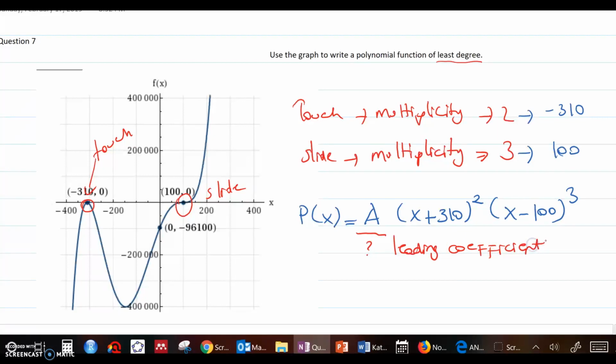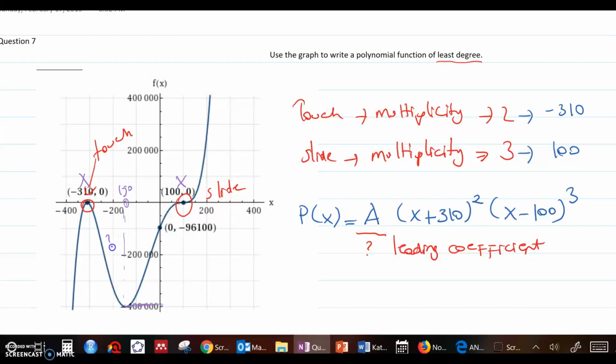The way that we can figure out that a is to use one of the points other than those root points. I cannot use those points because these are the roots. I can use some other points that I can read. For instance, you might want to use the one on the y-axis, however we're not going to be very sure if it is, let's say, like 150 here, maybe.